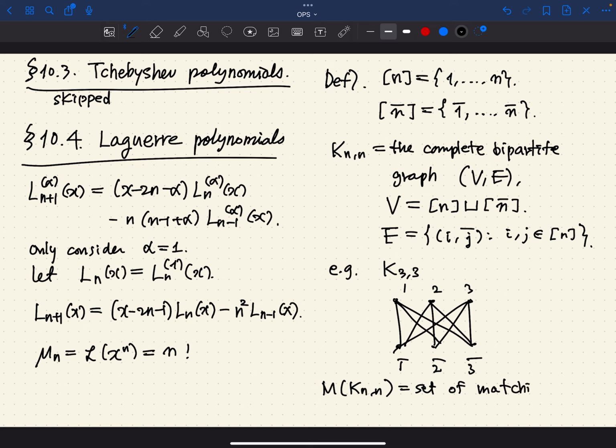Matching means a graph with single vertices and edges. Matchings on V. Let me just simply write it. This means, for instance, this could be a matching with singletons, and this could be a matching, etc. Okay, you just take the edges from K_{n,n}. In other words, a subset of the edges of K_{n,n}, except that you cannot have two edges sharing a vertex.